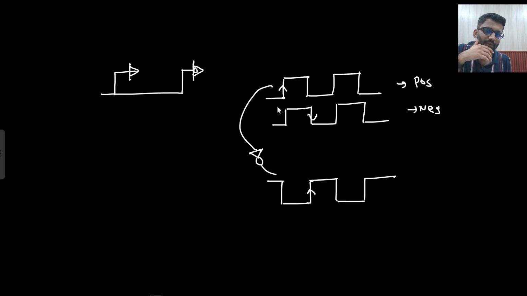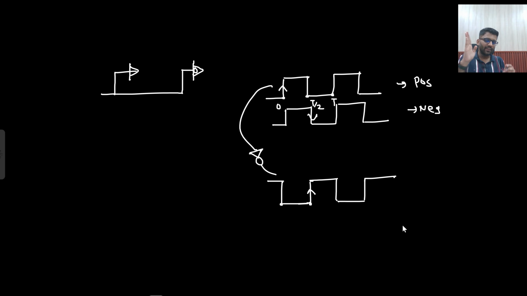If this is 0, this is T by 2 and this is T. If I time shift this by T by 2, what will happen? This 0 will come here and this 1 will move here.